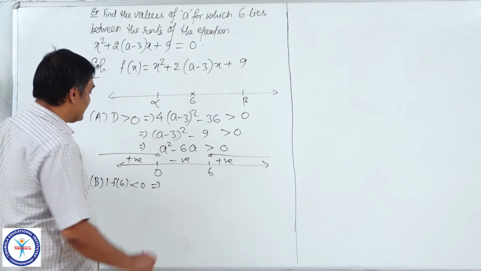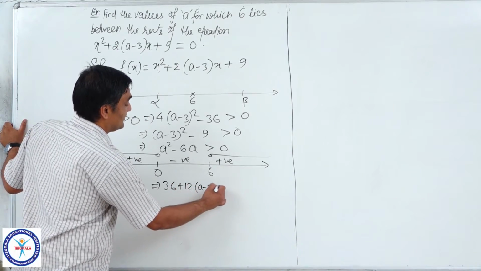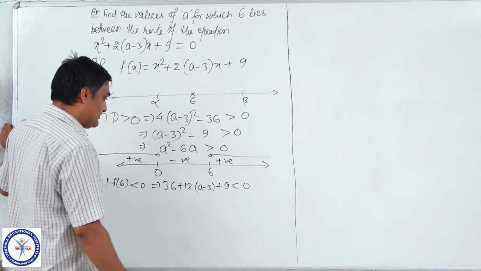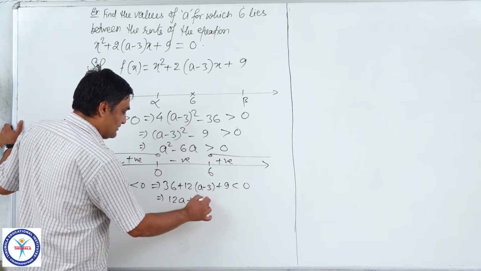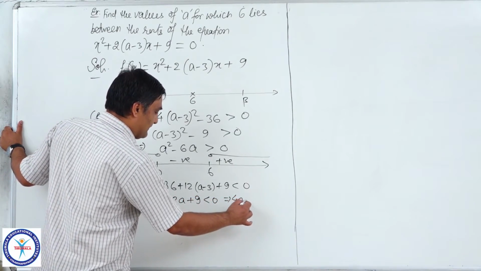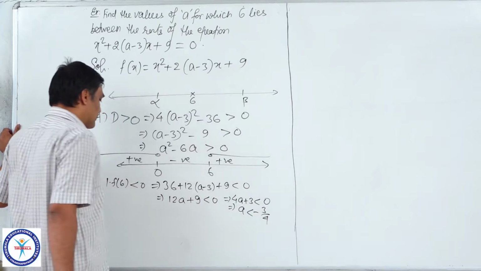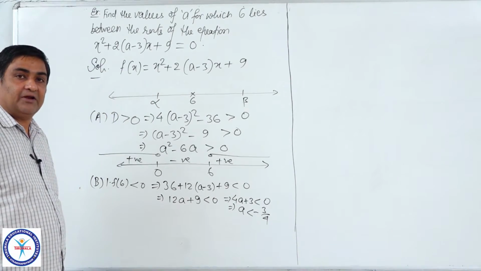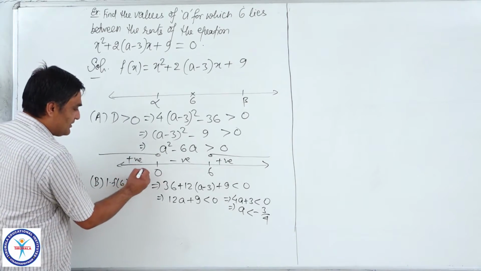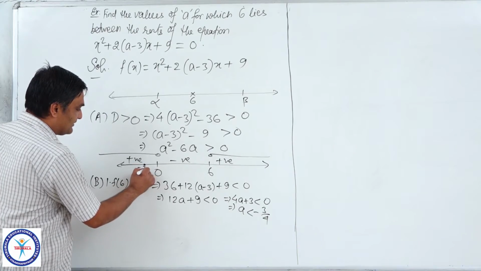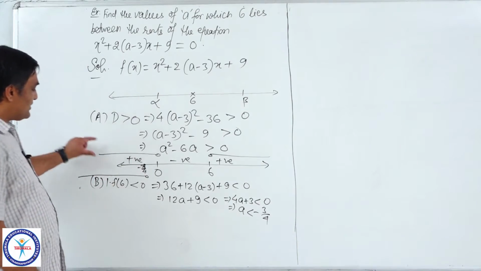What is f(6)? 36 + 12(a−3) + 9 less than 0, so 12a + 9 less than 0, or 4a + 3 less than 0, a less than −3/4. So combine these two conditions for getting the final answer. −3/4 is here. So what is the common to these two?